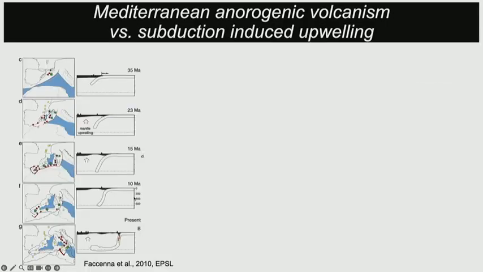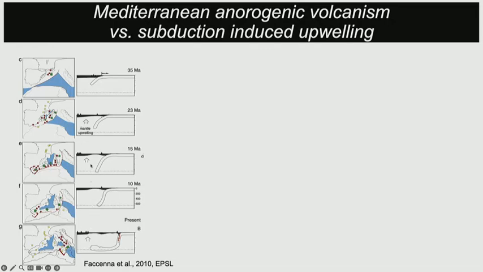In 2010, Claudio Faccenda, and again Thorsten is here, proposed that subduction of the Ionian plate beneath Sardinia, Corsica, Spain and France would have induced upwelling at the front of the subduction and close to the slab tip.